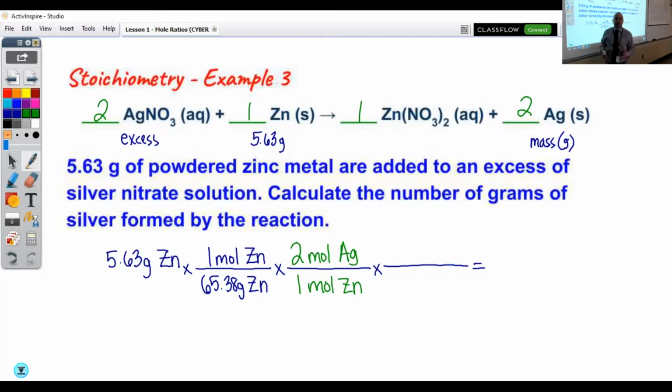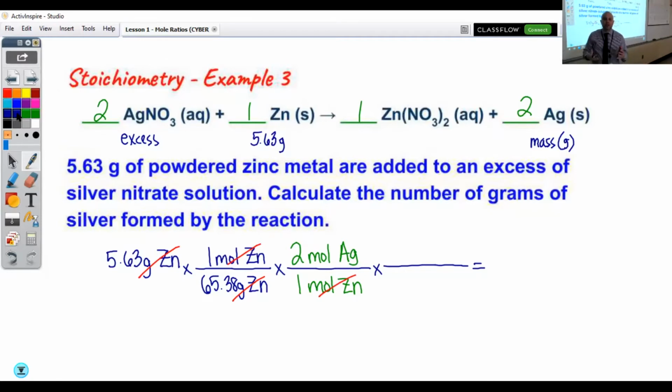Let's take a look at our units before we go any further. So in our first conversion, we got rid of grams of zinc and we converted to moles of zinc. In our second conversion, using our balanced chemical equation, we converted from moles of zinc to moles of silver. And now, once again, we're going to go back to our periodic table to look up the molar mass for silver.